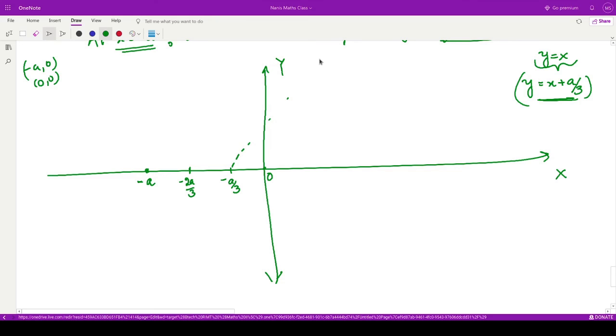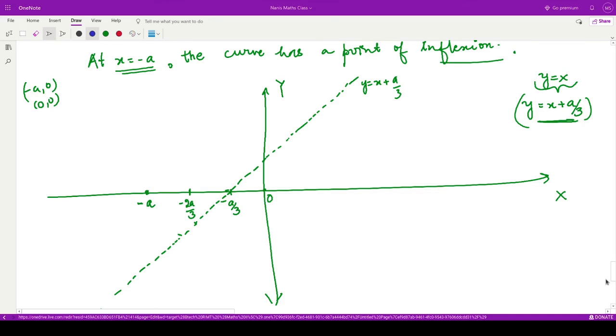So it would be like this. Our asymptote would be something like this, y is equal to x plus a by 3.